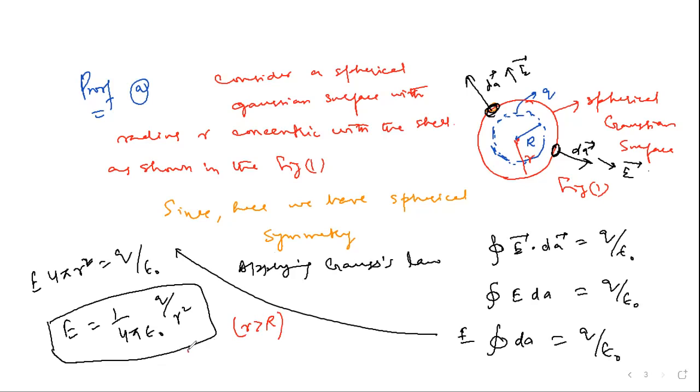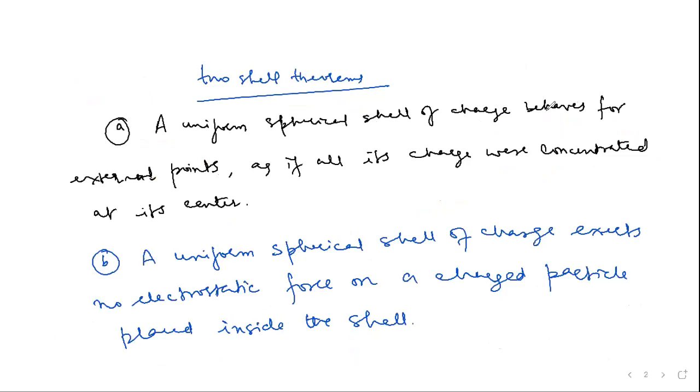So hence the first shell theorem is proved, right? So we have proved the first result, that it behaves for external points as if all its charge were concentrated at the center.